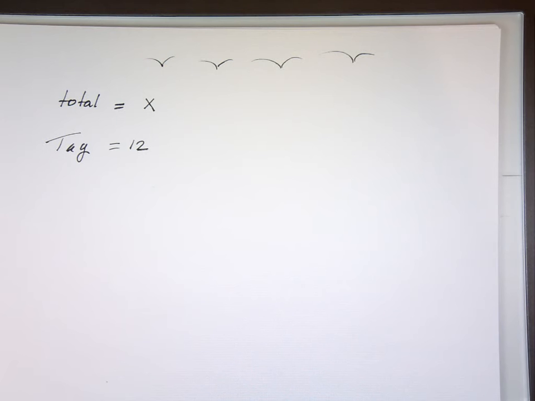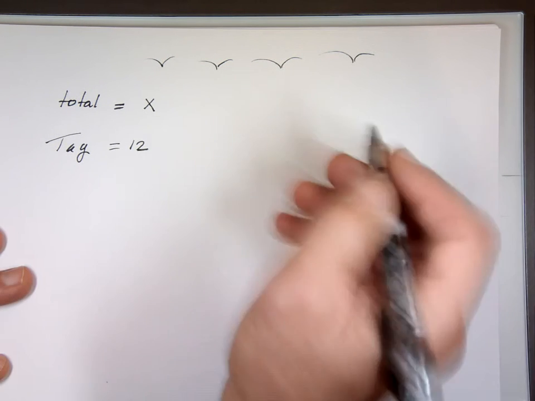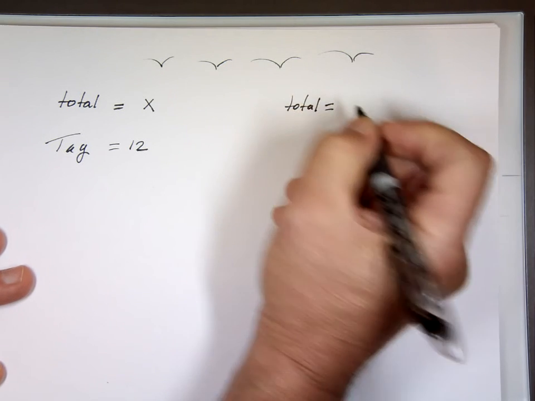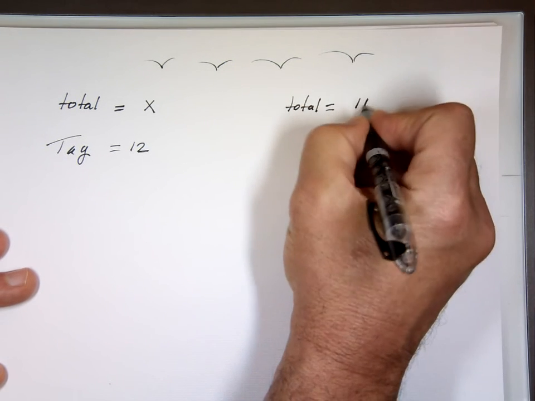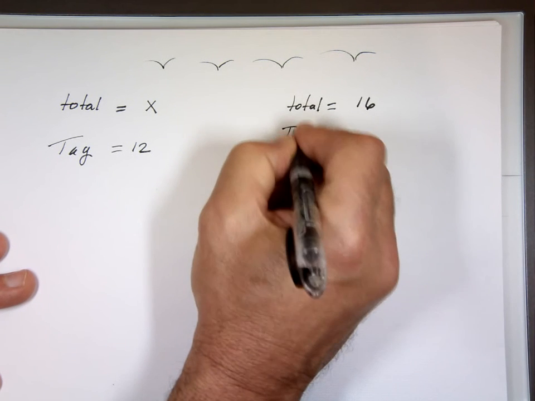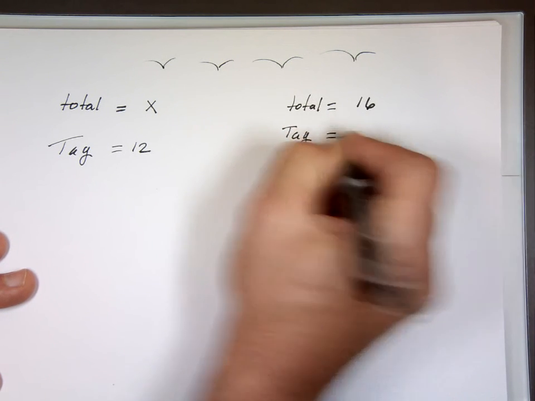We wait for about a month, and we go back to the same spot. Now on the second visit, the total number we caught is 16. And out of these 16, how many were tagged? Let's say there were 4 of them.